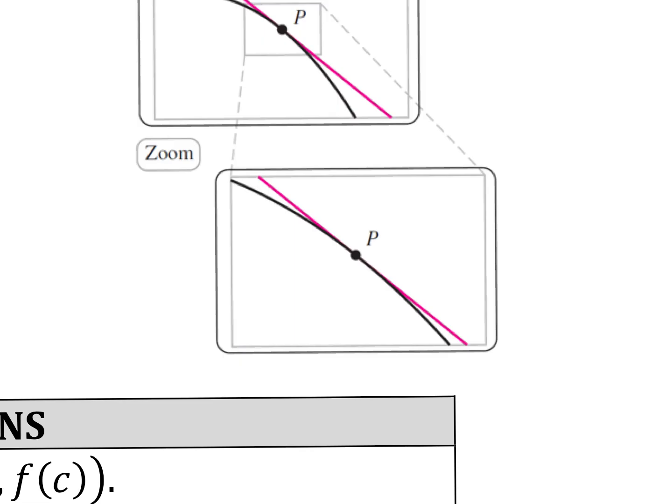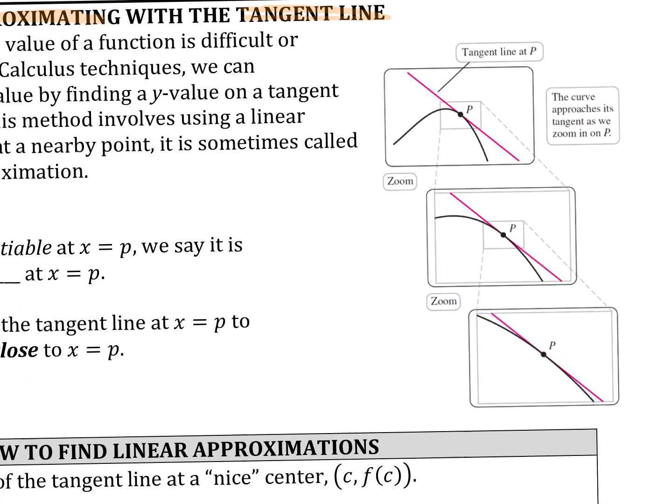We say that at this point P, the curve is what we call locally linear.